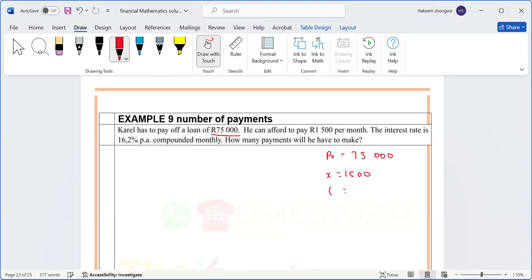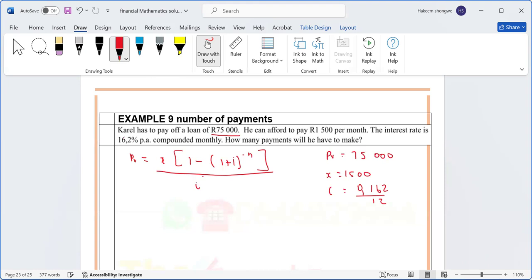We have I, which is going to be equal to 0.162 divided by 12. And then from here onwards, we can start to play around with the formula. So we have present value, which is X, times (1 minus (1 plus I) to the power of minus N, close bracket), all over I.